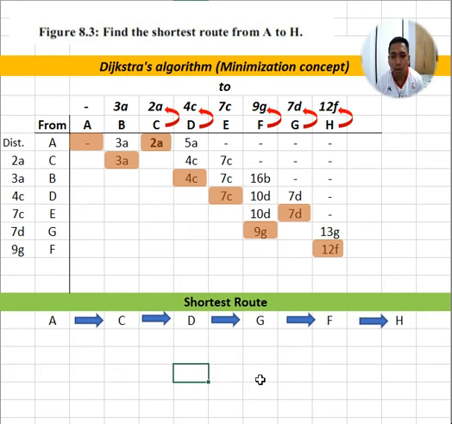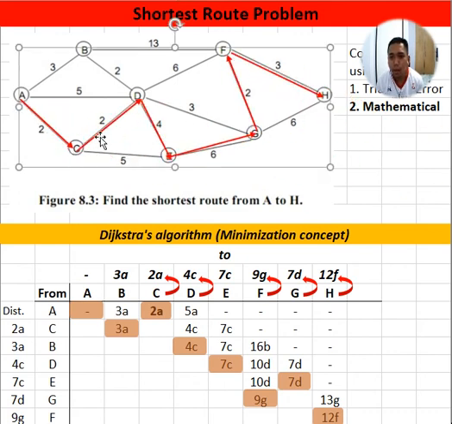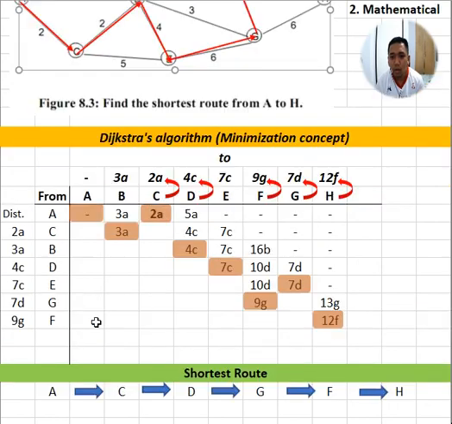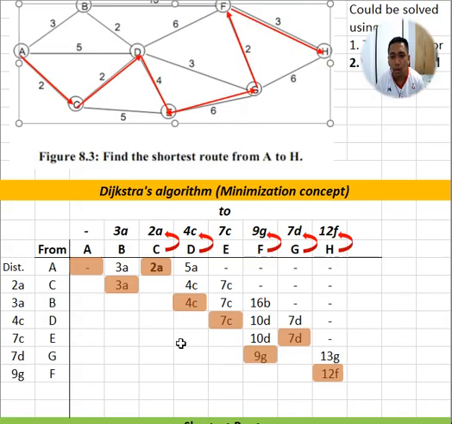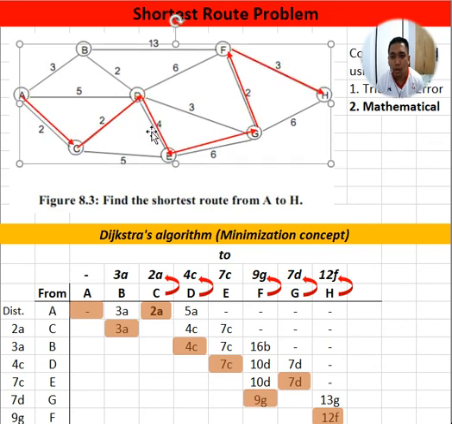Prove nga natin kung yan ang shortest route natin. Ang shortest route daw natin ay A to C to D, okay? A, C, D, G, F, H. A, C, D, G. Hindi pala dito. Mali pala to.